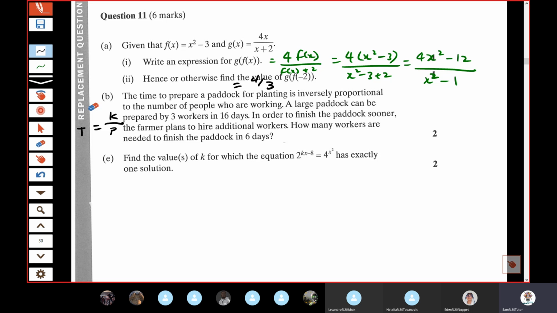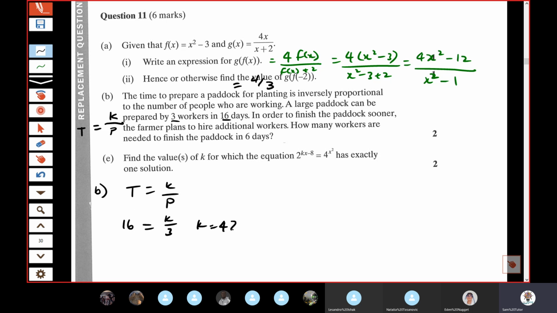Let's have a look. So obviously, you always find what letter? K. You need to find k first. So 3 workers, 16 days. 16 equals k on 3.